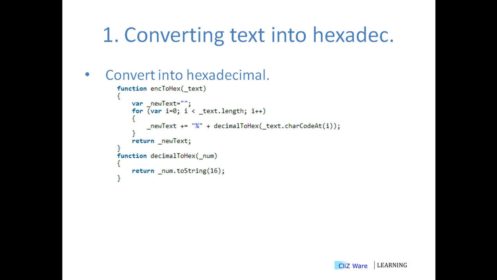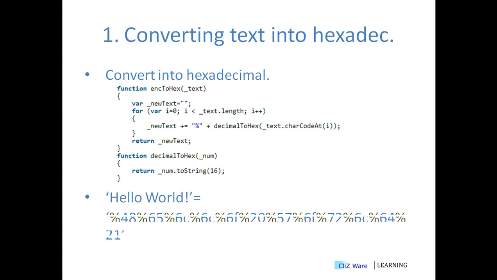And here's the code which works in JavaScript. So if you put in a specific text or anything, it will convert it to hexadecimal values. And as you can see, if we execute this method, we're going to get a percentage sign, and then a hexadecimal value.